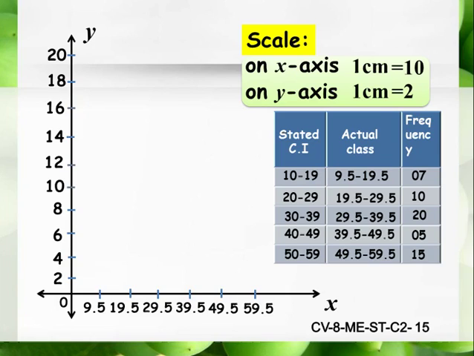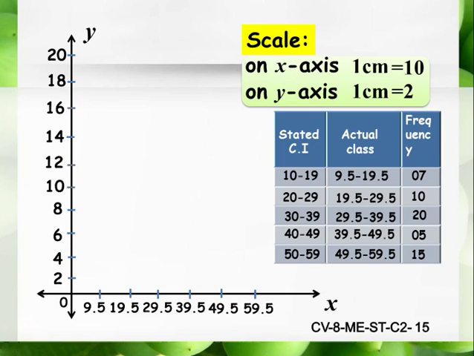Between 20 to 29, subtract 0.5 from the lower end, add 0.5 to the upper end. So we will get 19.5 to 29.5, and the frequency is 10. For 30 to 39, it will be 29.5 to 39.5.